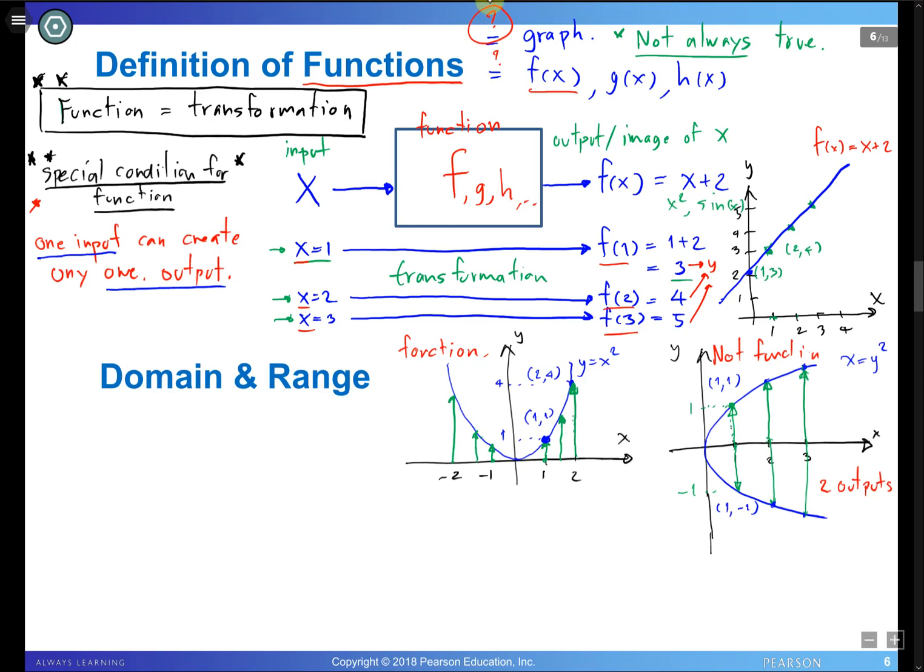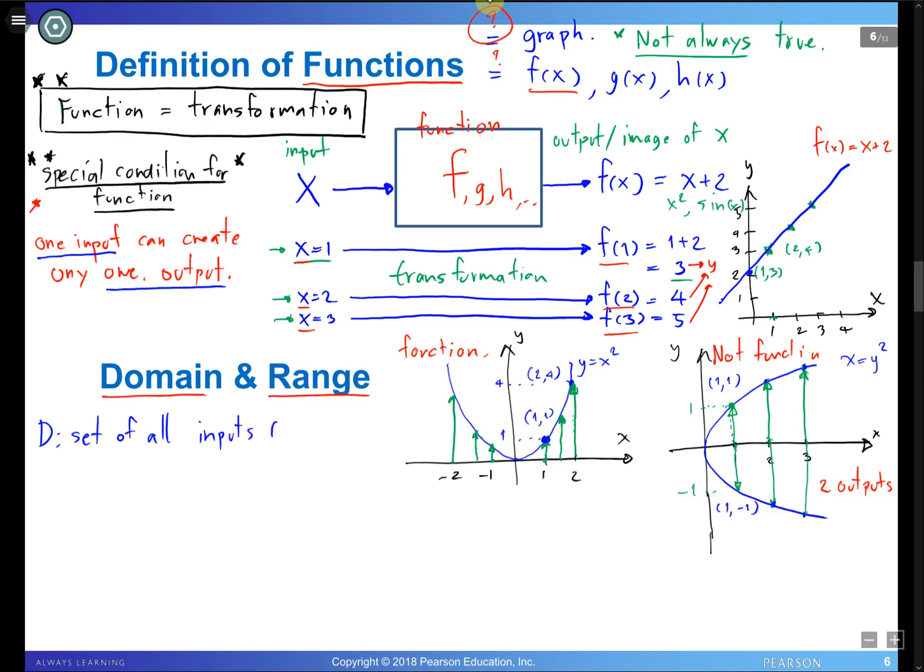So two things here, domain and range. So let's start with the domain. Okay, let's put the definition right here. Domain is the set of all values of the inputs that make sense, that doesn't create any violations. Okay, so I'm going to write here, D stands for domain, is the set of all inputs of the function.